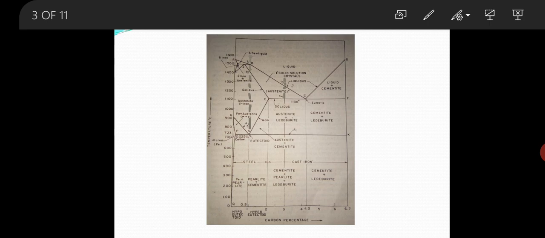Now, we have to discuss certain important points using which you can complete this diagram. Now you can draw the primary transformation line, that is from liquid to solid, or the existence of liquid and solid phase, that is above the liquidus line and in between the liquidus and solidus lines.